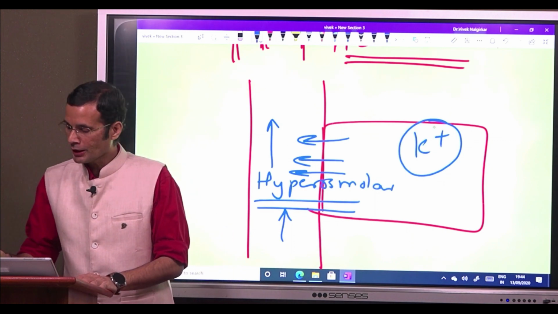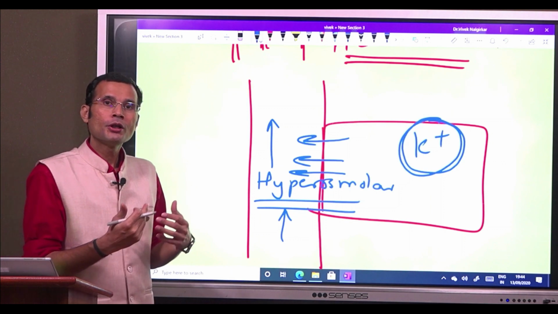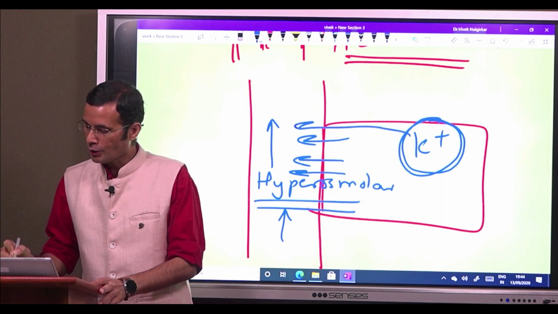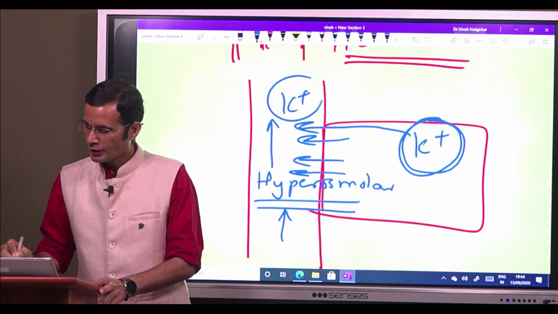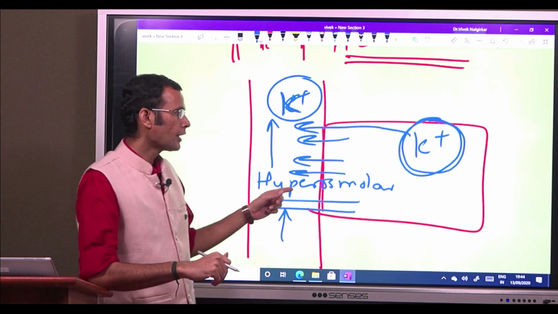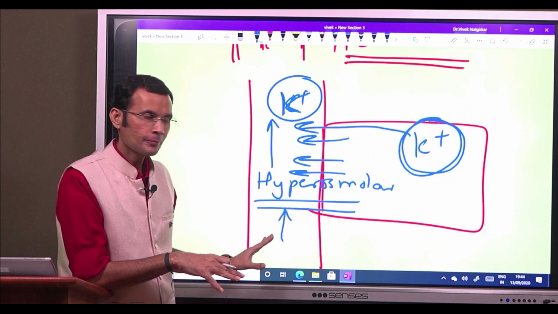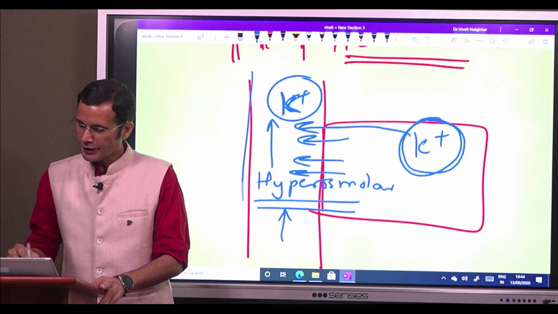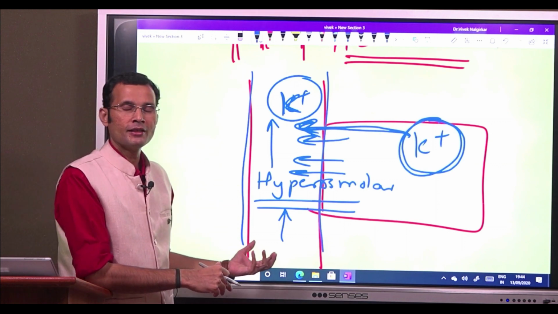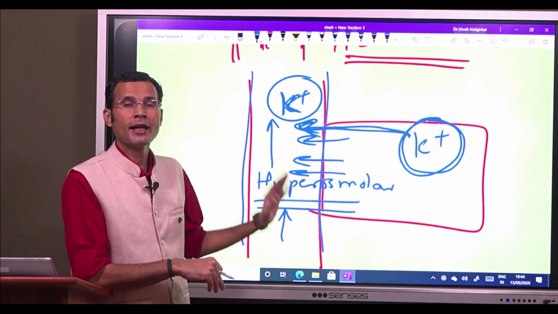And since potassium becomes more concentrated inside the cells, it becomes even more favorable for the potassium to come out of the cells, resulting in hyperkalemia.